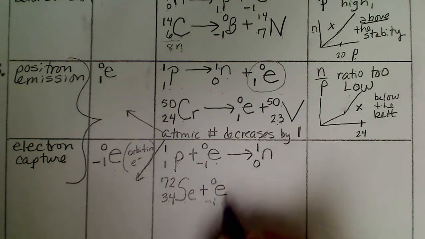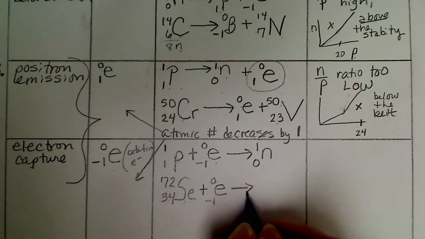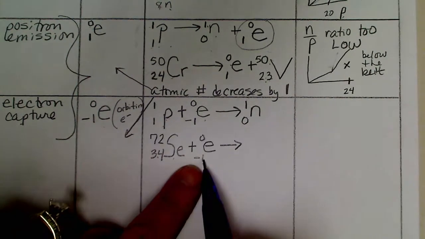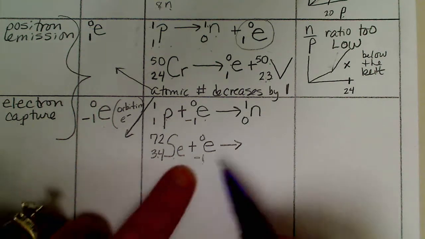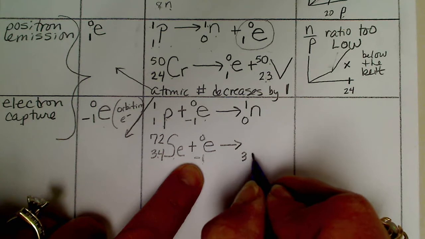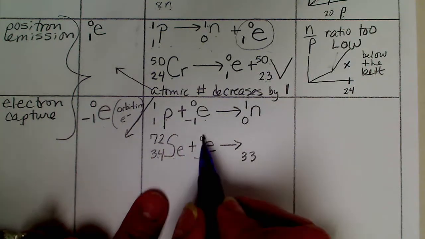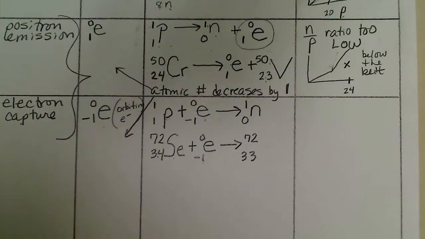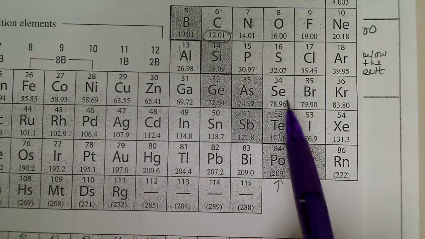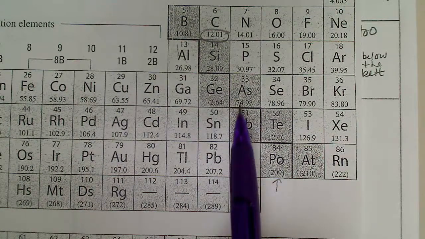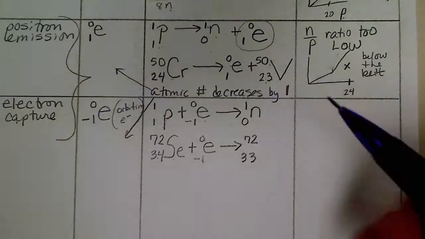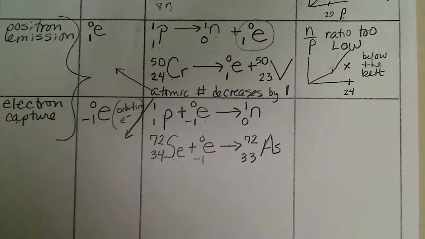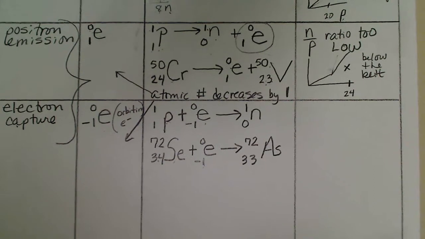So the electron's written on the reactant side. And so now, for me, the math is a little easier. 34 minus 1, because this is the reactants, that's going to equal 33. And then 72 plus 0 means our mass number stays the same. And then we get out the periodic table and look to see what atom number 33 is. It's kind of hard to see here. So we would write As. Arsenic, that's kind of hard for me to say. Okay.